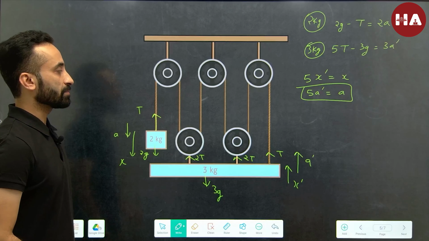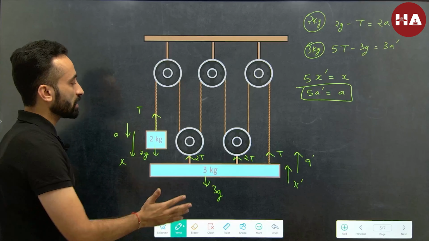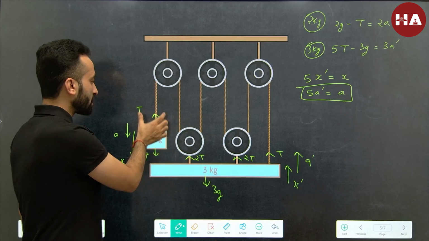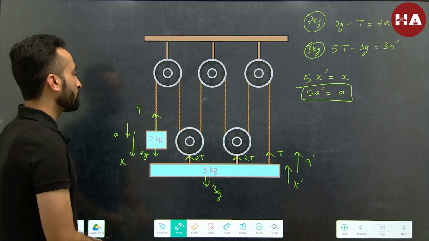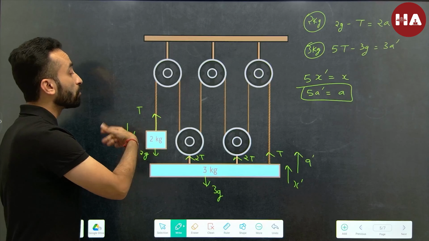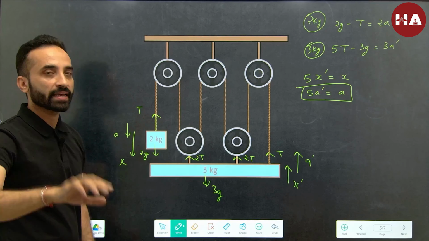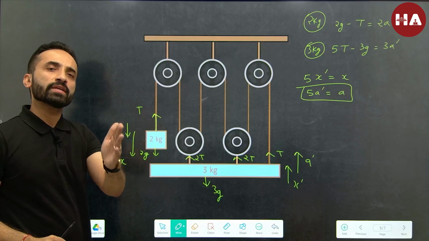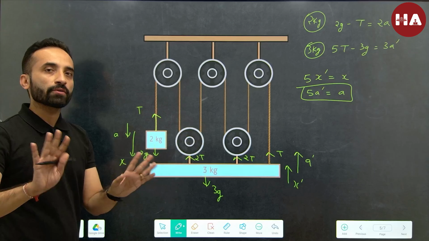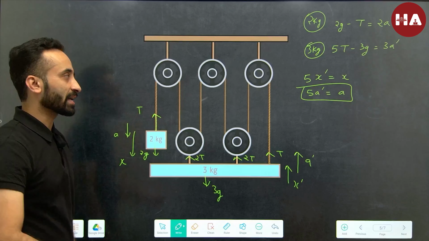That is why we can say that energy is not being created, because it feels that the heavier block is rising and the lighter block is falling, but the lighter block is falling by more distance to compensate for the energy. This is something you will only understand when you know the work, energy, power chapter. So for now, let's not focus on that part, and let's rather focus on how we are relating the acceleration.